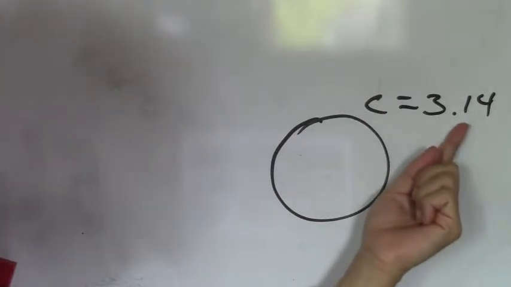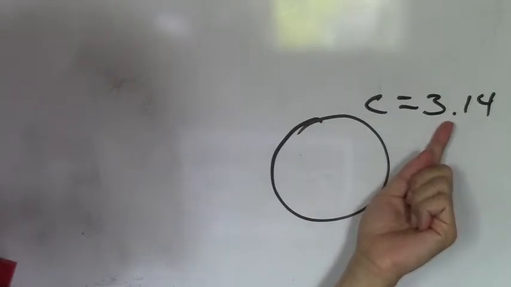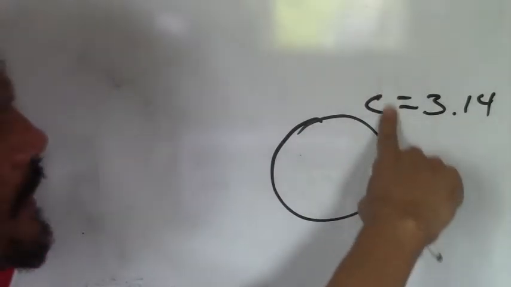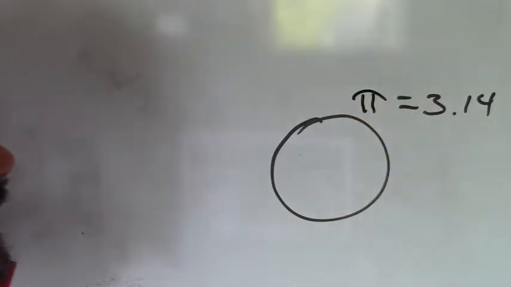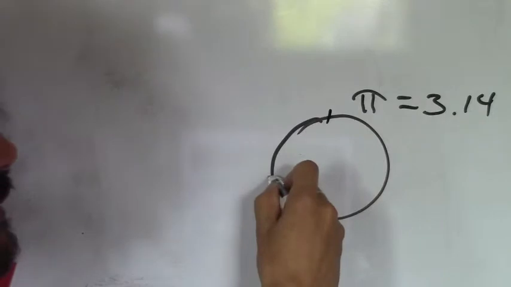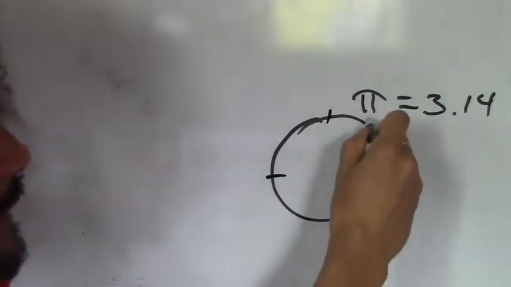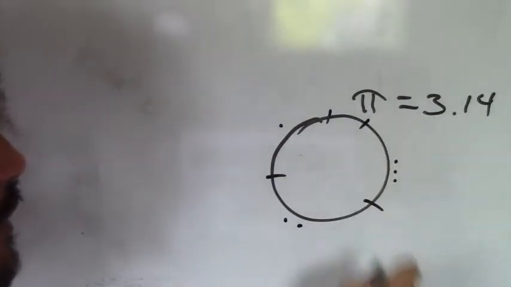But if all you know about circumference is that it's 3.14, is circumference 3.14 or is that a different number? Well, that's the definition of this term called pi. 3.14 is the amount of times the circumference goes around the diameter. 1, 2, 3, and a little bit more.